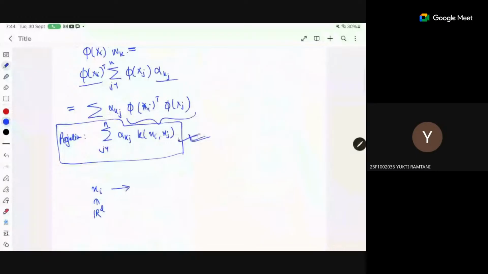Now we are interested in just getting the projections, and we are saying the projections are sufficient for our problem. We can't get the exact eigenvectors, but if for any data set you are able to get the sum over alpha kj k of xi xj, then that is good enough. And we do this for all k, right?